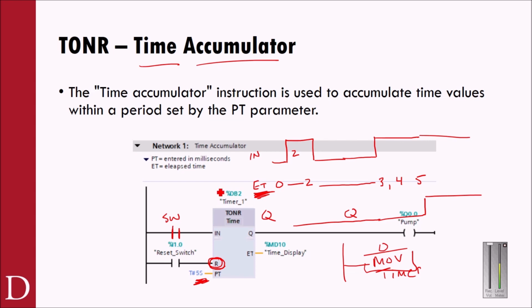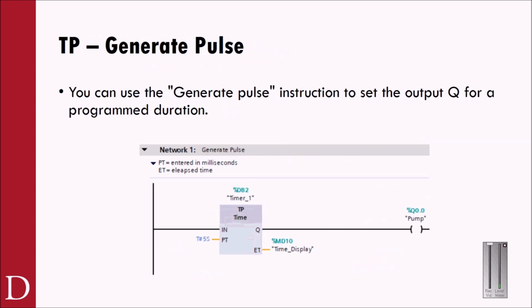So be really careful. I tell people to stay away from using move instructions with the accumulated values and with the done bits of timers and counters. Instead, use a reset instruction, and in the case of Siemens, they include that reset instruction right on the box instruction itself. So you've got a number of different ways you can get at this thing.